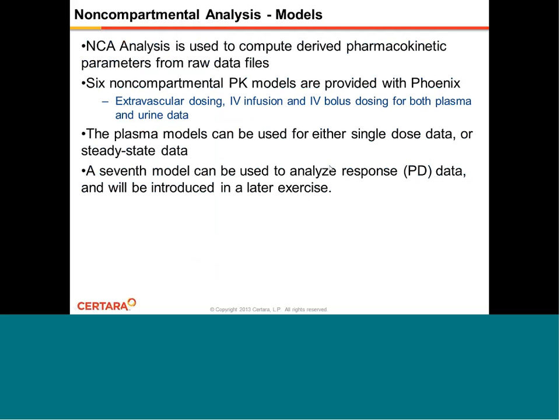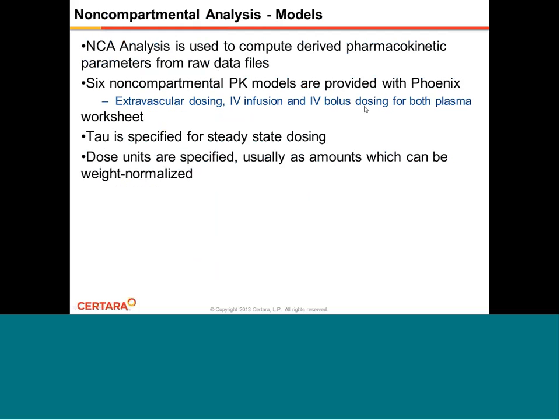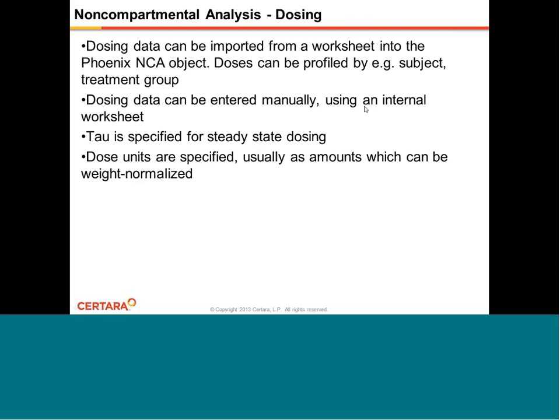Okay. And there are basically 6 non-compartmental PK models provided with Phoenix that are determined by the route of administration, extravascular, infusion, or bolus for both plasma and urine data. Dosing inputs can be either imported from a worksheet or entered manually using an internal worksheet.